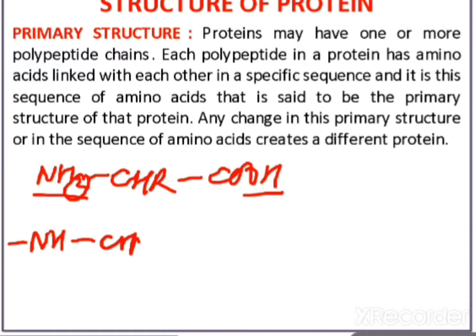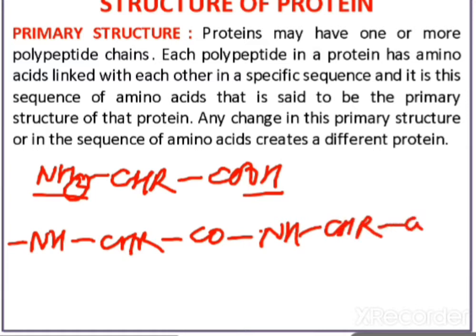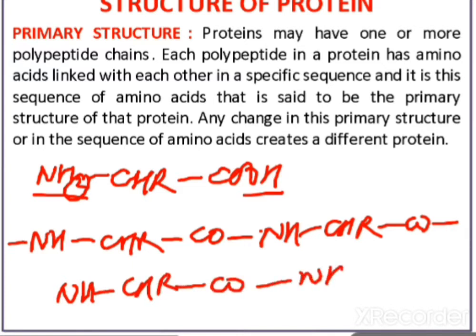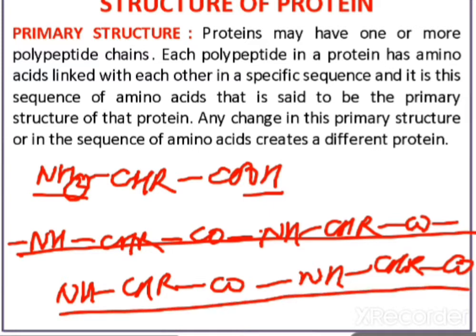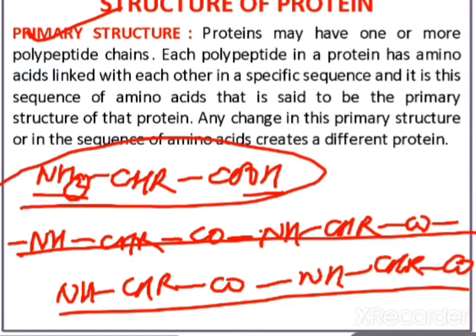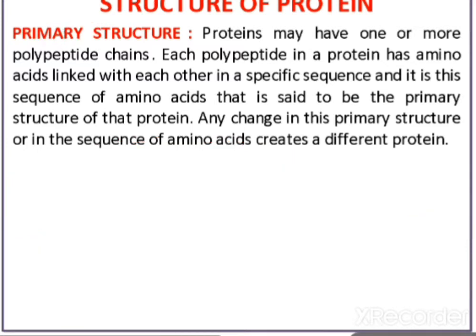NH CHR CO, again NH CHR CO, again NH CHR CO, like that. So this is the straight structure. This straight structure is known as the primary structure. Nothing is special there. Simply we have to add amino acids in a sequence, and it will give rise to the primary structure.